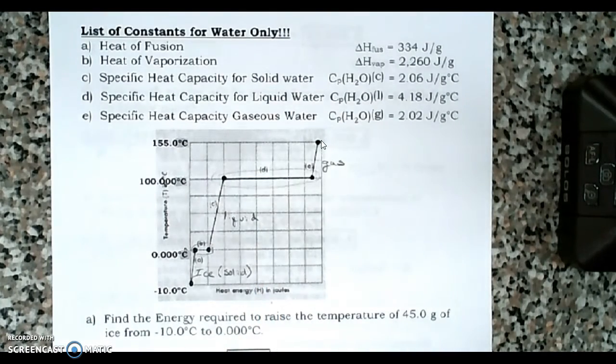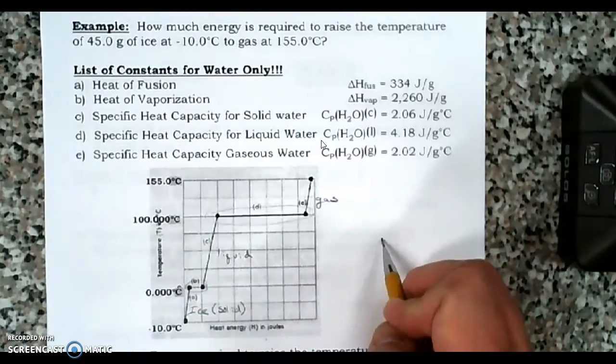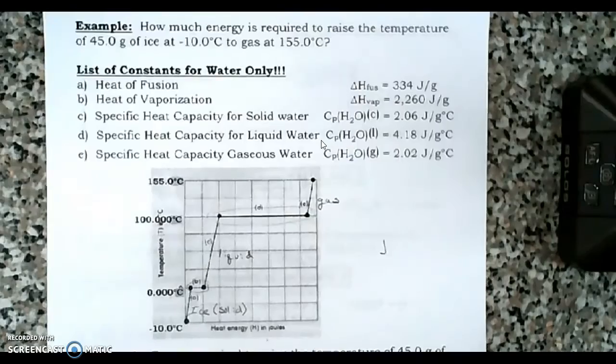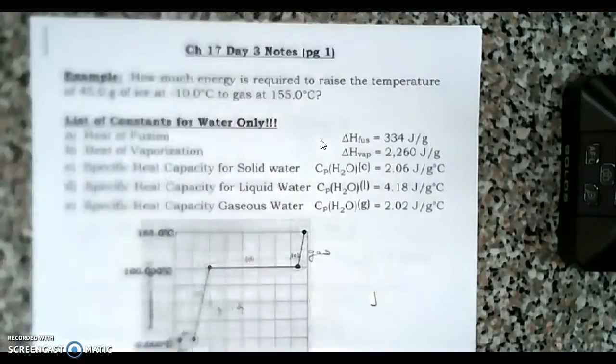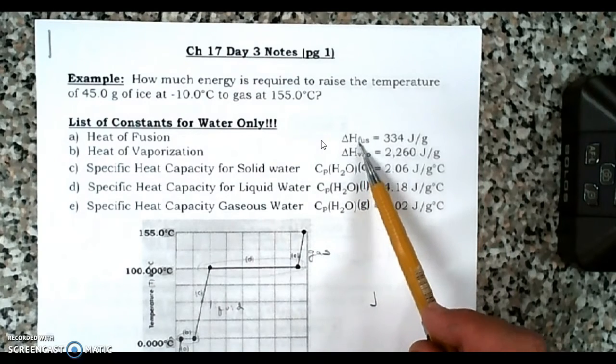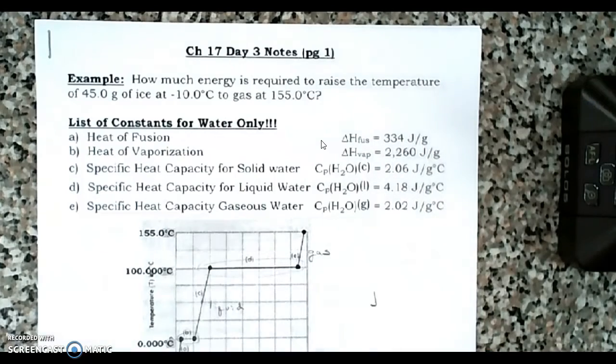So what we're trying to do, according to the question, it wants to know how much energy. And remember, energy is given in joules. So if you look at our constants, and the constants are really important for this problem here. So the delta H, or the heat of fusion, is equal to 334 joules per gram. Joules per gram.